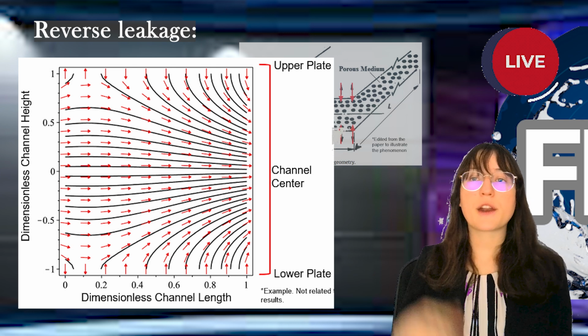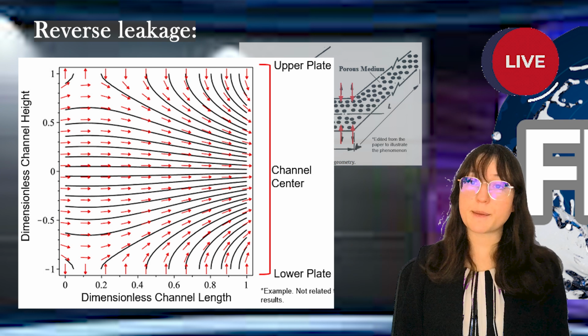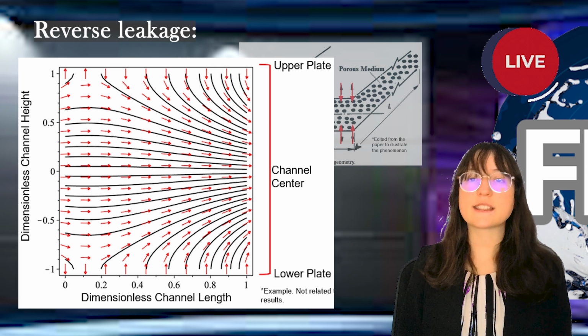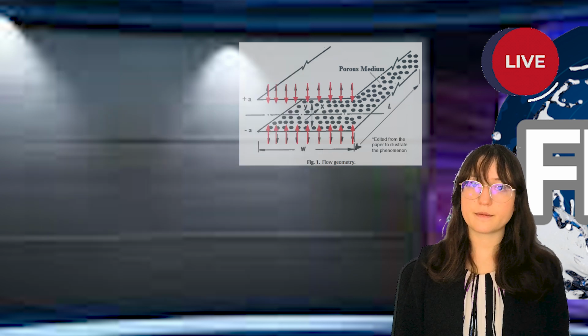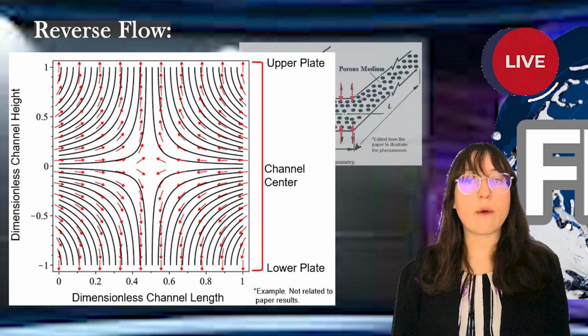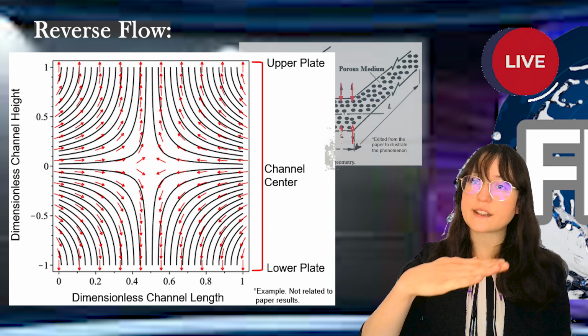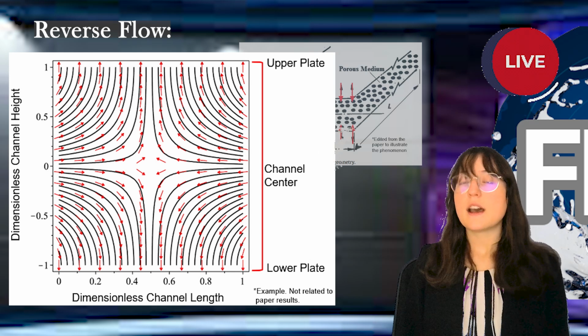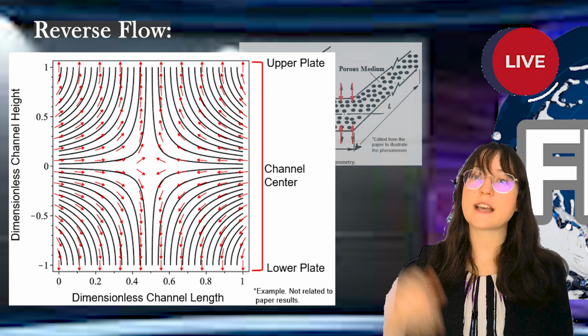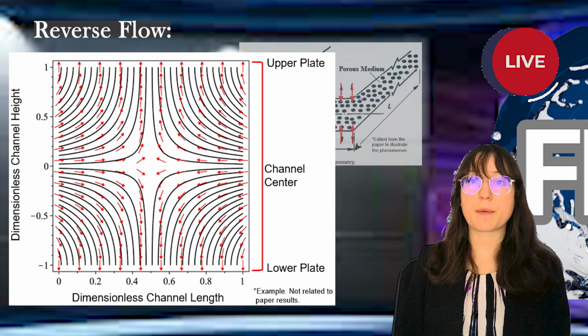The streamline pattern here, not related to the paper results, illustrates an example of this phenomenon. Reverse flow, however, is when the mean axial velocity is negative. This streamline pattern example, also not related to the paper results, illustrates this very well.